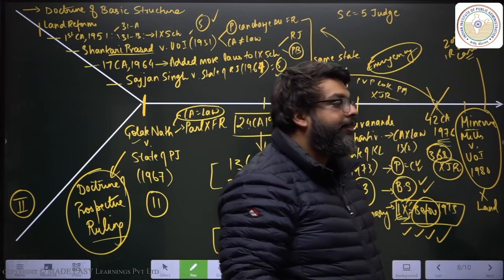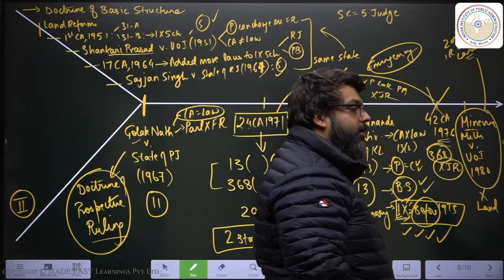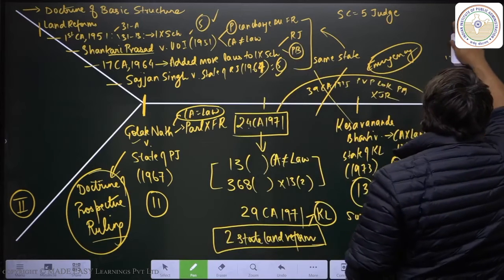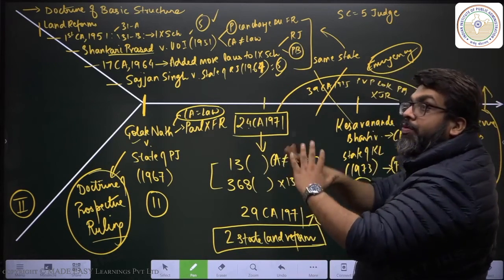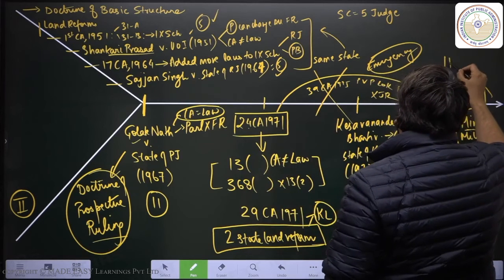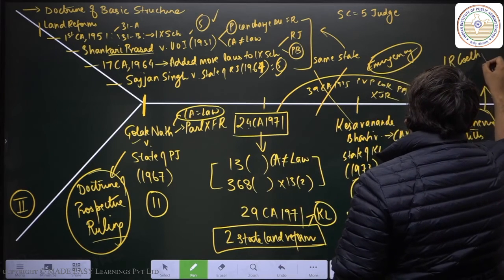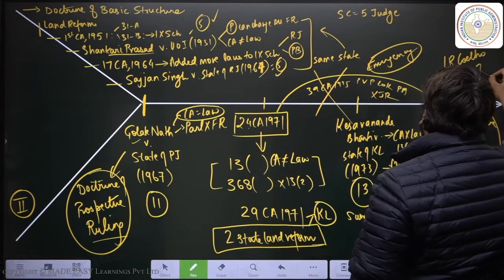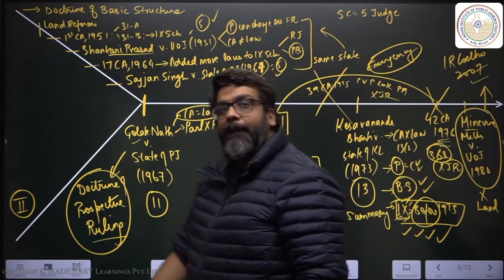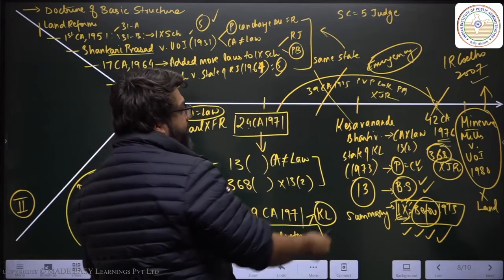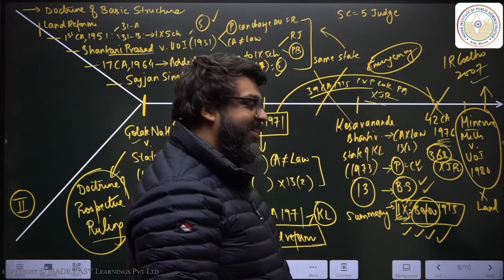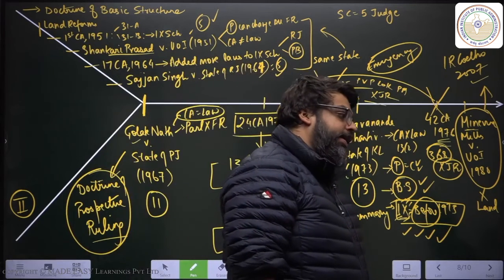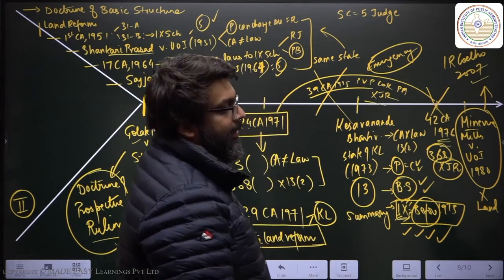Parliamentary democracy is basic structure. We cannot have you immune yourself from an election. The first ever application of basic structure is to her election itself. Ladies and gentlemen, this is the Indira Nehru Gandhi v. Raj Narain case.